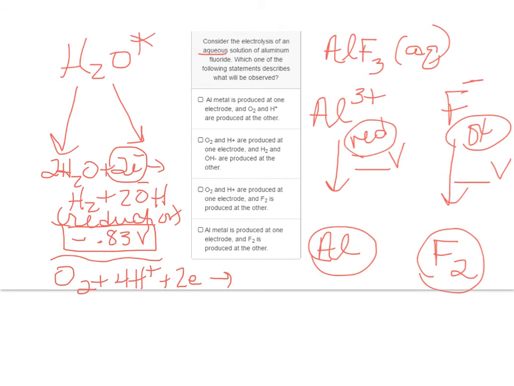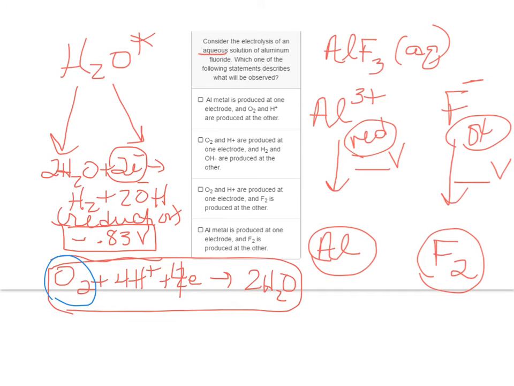Oops, wait. 4 electrons. Okay, 2H2O. Okay, that is written as a reduction reaction, as everything is in the table. However, we are not starting with oxygen. So this is obviously the one that needs to be flipped to see what happens on the oxidation half reaction of water. Flip that one so that water is your reactant, and that's what we're starting with.